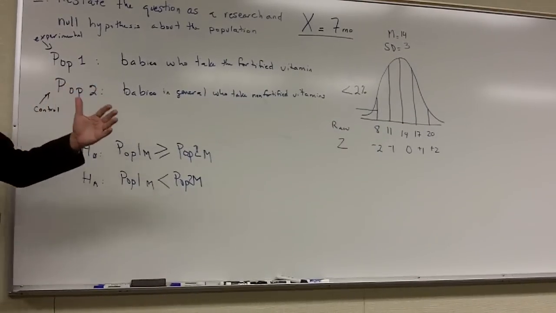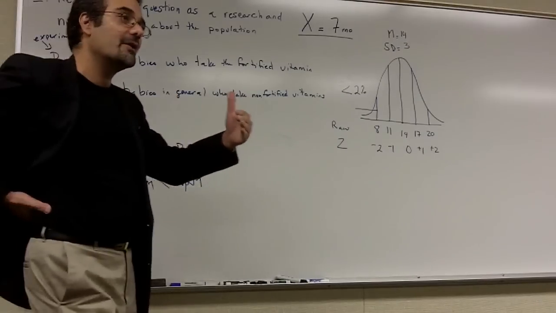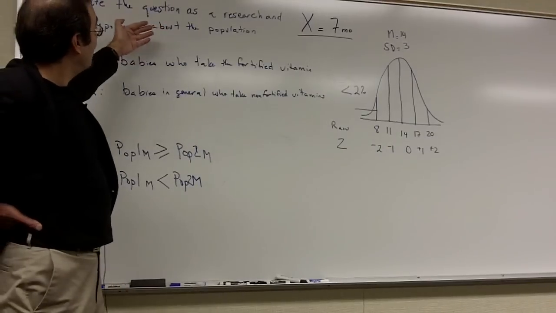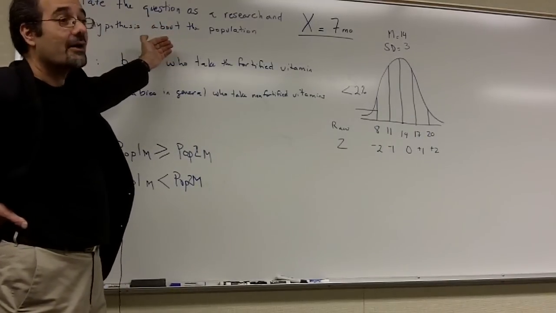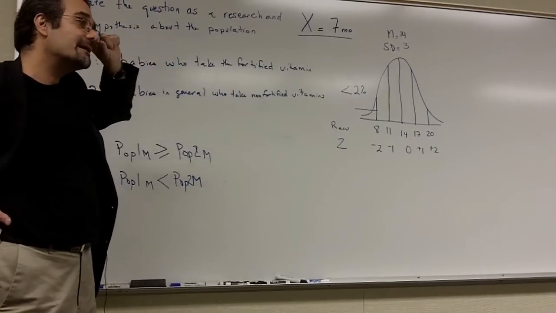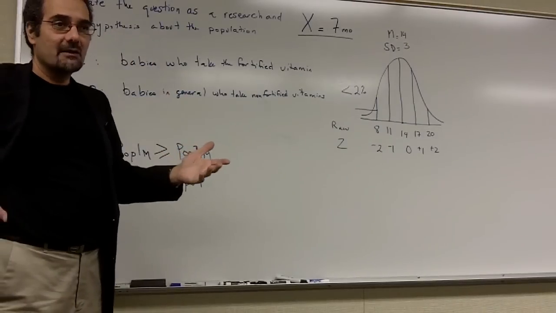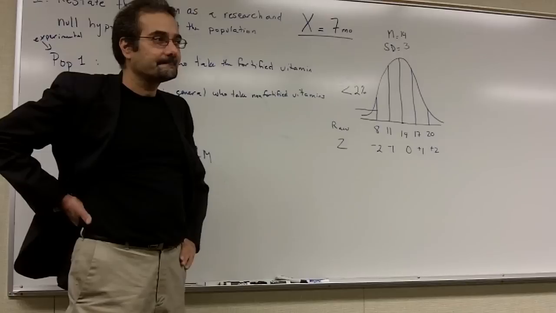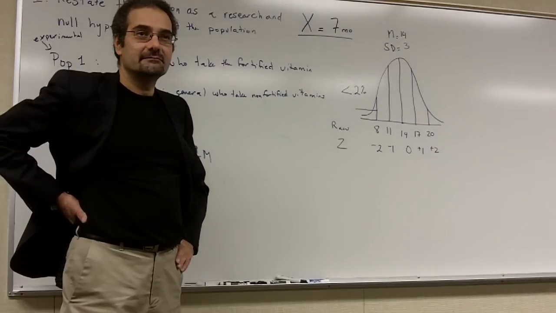Okay, so one of the questions is, why do we do this? First of all, let me ask the question generally. Why are we restating the question in terms of the population, or about the population? Why are we doing it about the population? Why don't we just look at it as a sample? Any thoughts? Yeah.